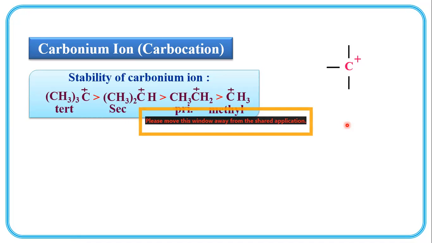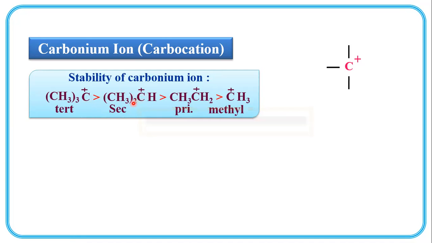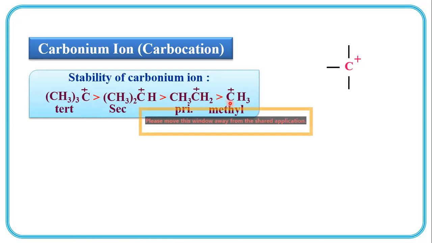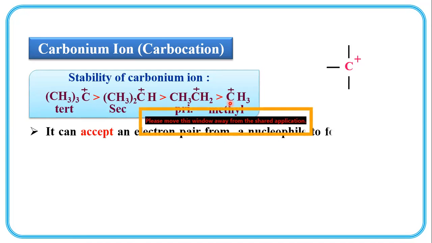So this is the order of stability of carbocations. Tertiary butyl carbocation, secondary butyl, secondary propyl carbocation, primary carbocation, and this is methyl carbocation. It accepts electron pair from nucleophile to form a covalent bond.